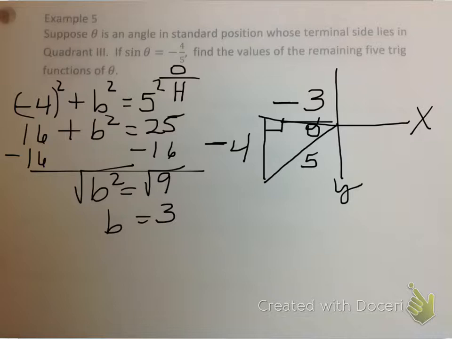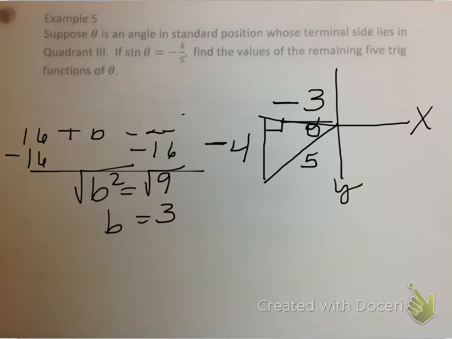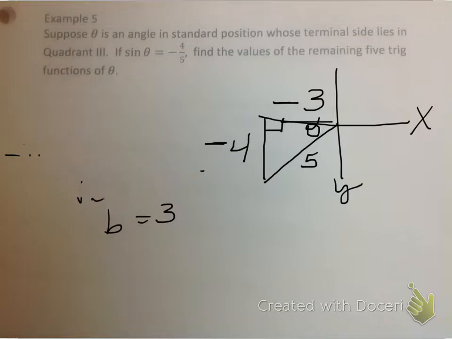Okay, since my Pythagorean theorem has taken up so much room, I'm going to erase it. You don't have to erase it on your paper. You probably have a little more room than me. And again, let's go back and look at what we're trying to accomplish here. They want us to find the other trig values. Well, I already know sine is negative 4/5.